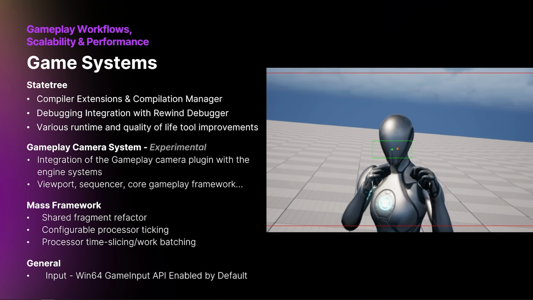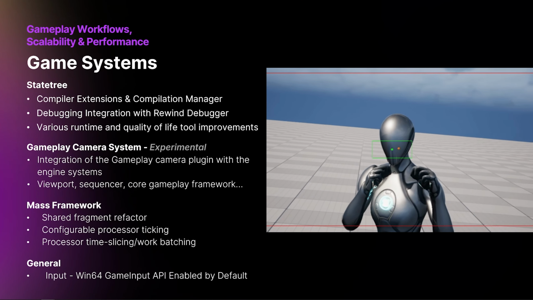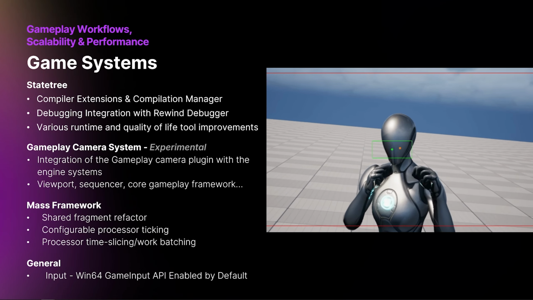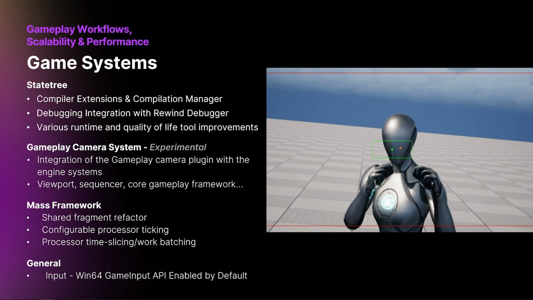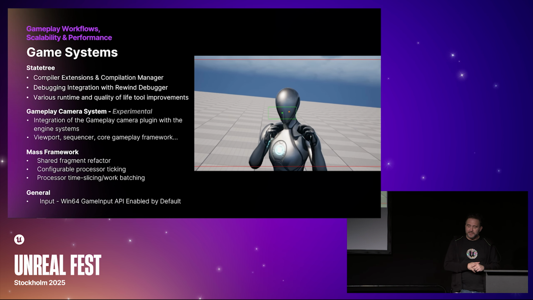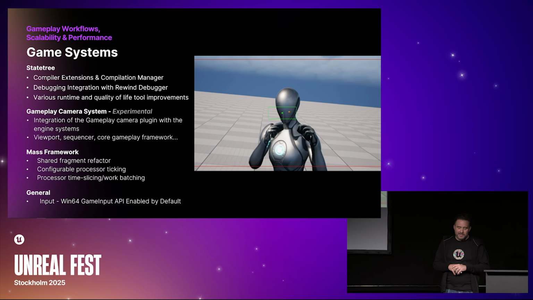Then generally in game systems, there's a whole bunch of things going on. Maybe cover a couple. State tree: we can now extend the state tree compilation so you can provide your own data into the state tree. We have some quality of life improvements on the compiler manager.